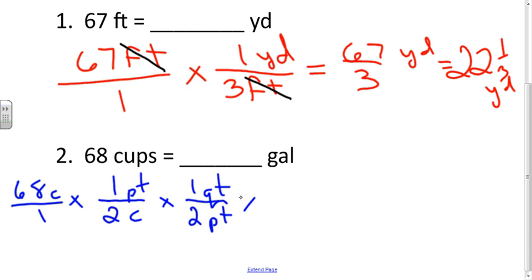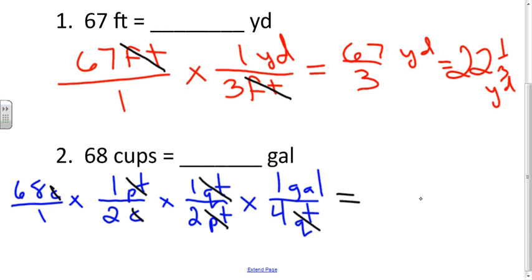Almost there. I also know from that chart that 1 gallon is equal to 4 quarts. Again, quarts is in the denominator here, so I can cancel out my units. When I cancel, cups cancel out, pints cancel out, quarts cancel out. That leaves me with gallons.